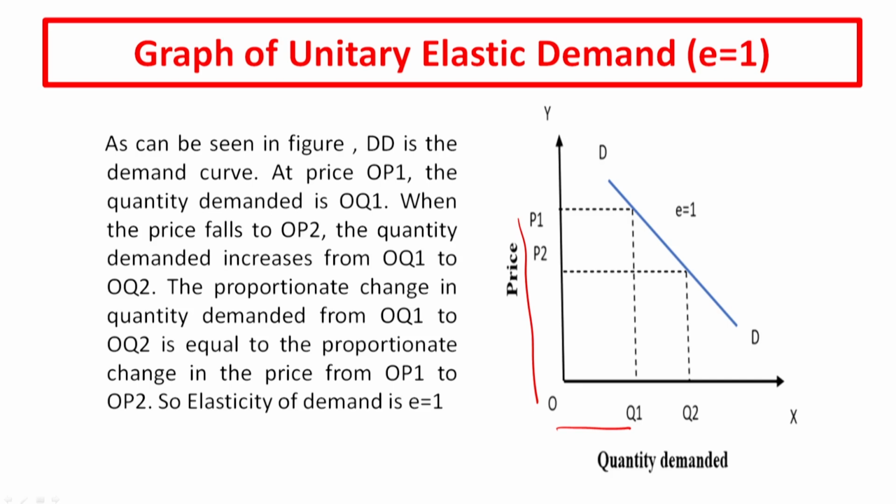The proportionate change in quantity demanded from OQ1 to OQ2 is equal to the proportionate change in the price from OP1 to OP2. So the elasticity of demand is equal to 1. So the proportionate change in the price is equal to the proportionate change of quantity demanded.